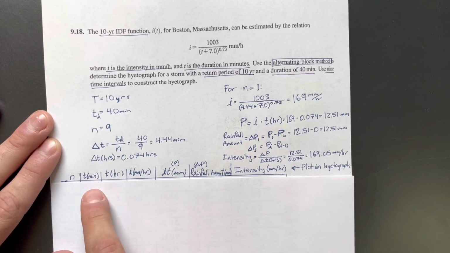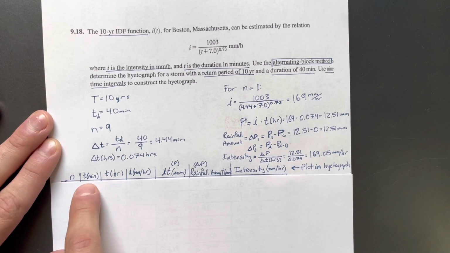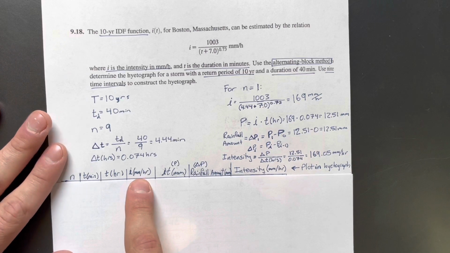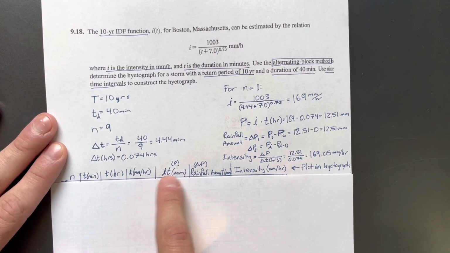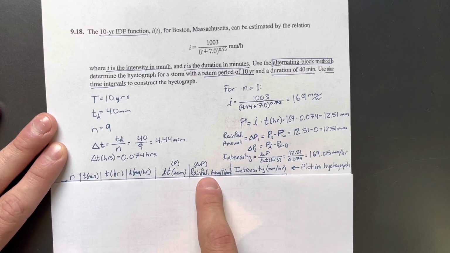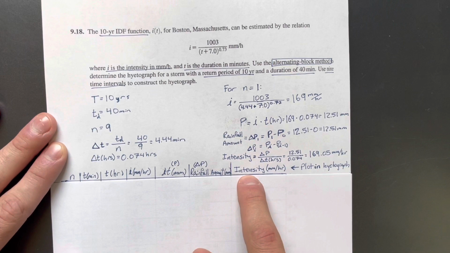Next, you're going to want to set up a table with all of these given variables: the time in minutes, time in hours, the intensity times the minutes, the rainfall amount per interval, and the intensity of each interval.